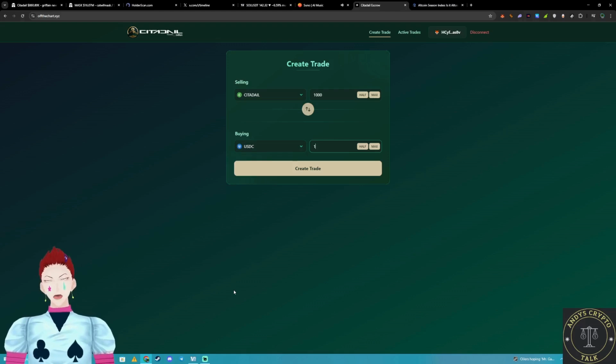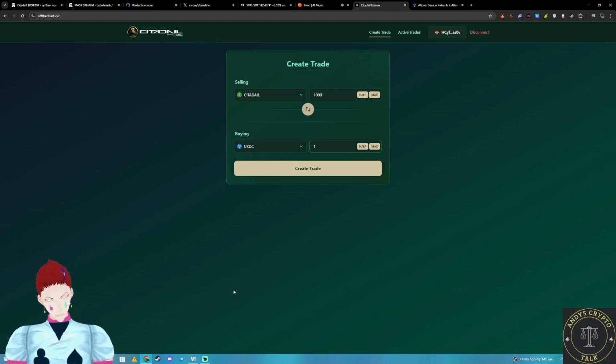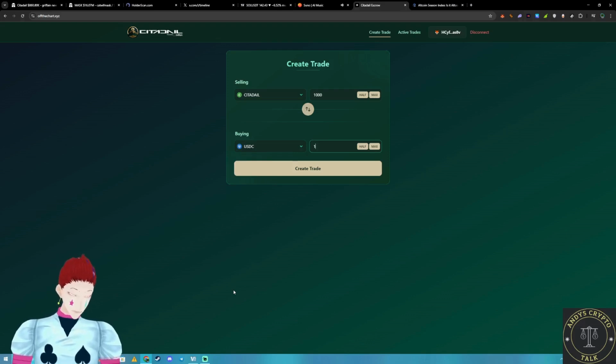So we'll just start off by talking about Citadail, powered by Griffain, and the ecosystem that it's created. Citadail has been around since about December, and they are focused on making a platform for over-the-counter trades, also known in the financial world as an escrow service.